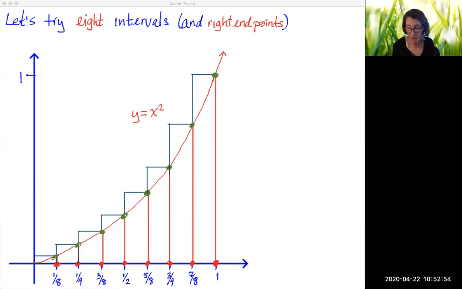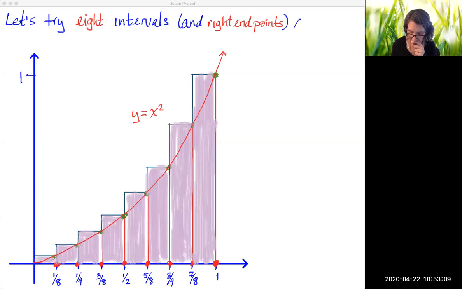And so I'm going to compute it. So I have to have 8 areas I'm going to add up. So here's the areas of these rectangles. And remember, the width of each rectangle is 1/8. So delta x is 1/8. And so my area, I'm going to call it R8 for right endpoints, 8 subintervals.